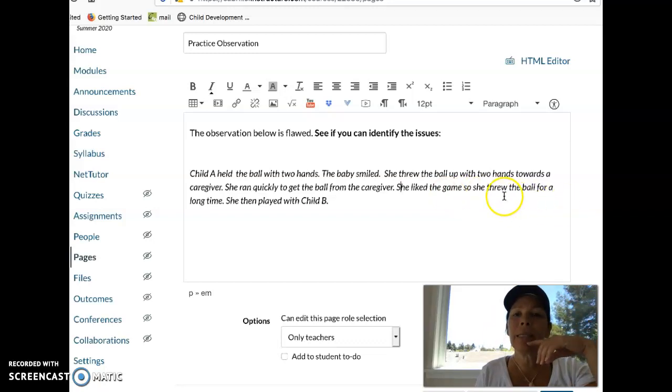And then it says here she threw the ball for a long time. So in this case, you could be much more specific. She threw the ball for 5 minutes, or she threw the ball 3 times, something along those lines. And then she played with child B. Again, play is just a word you want to avoid using altogether because it's so vague.